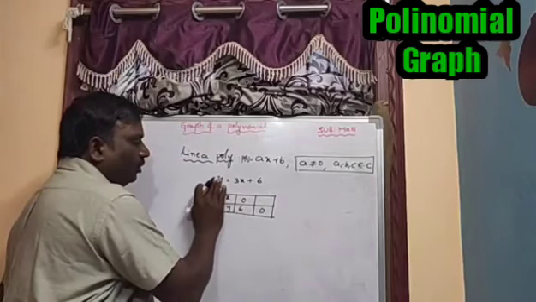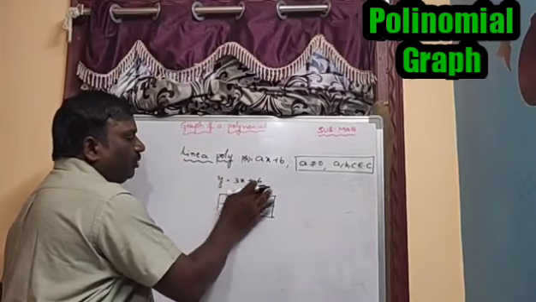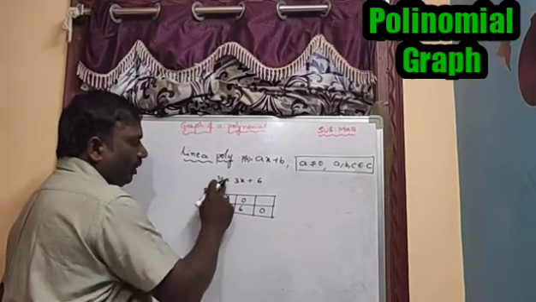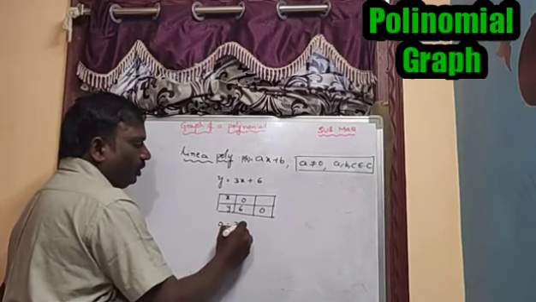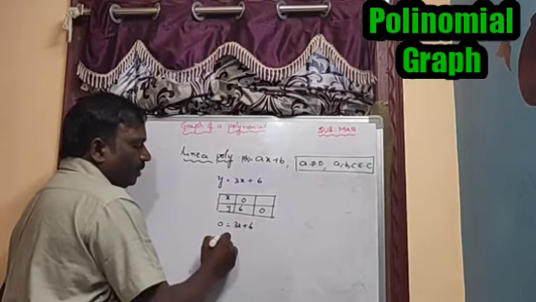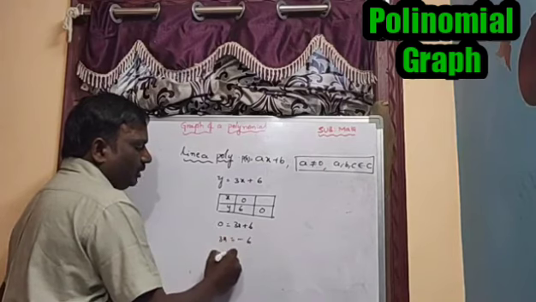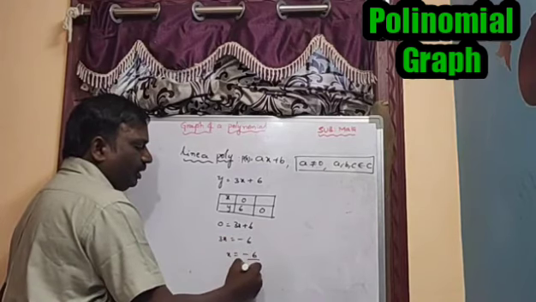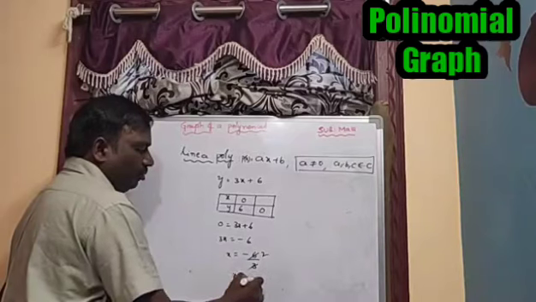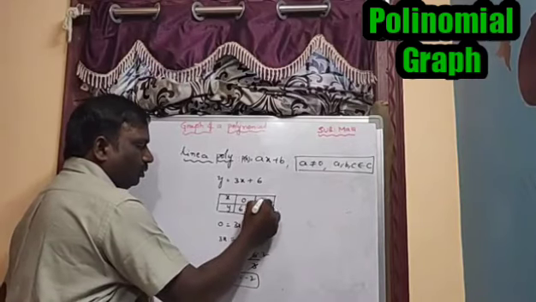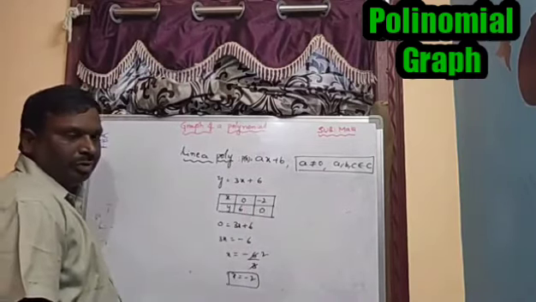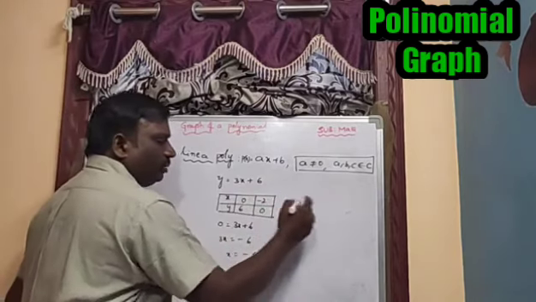If y equal to 0, then 0 equal to 3x plus 6, 3x equal to minus 6, x equal to minus 6 by 3, so x equal to minus 2.